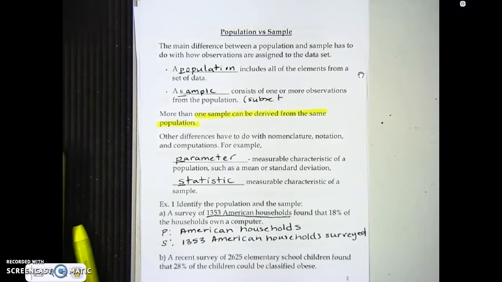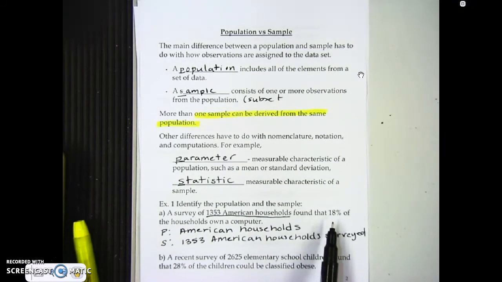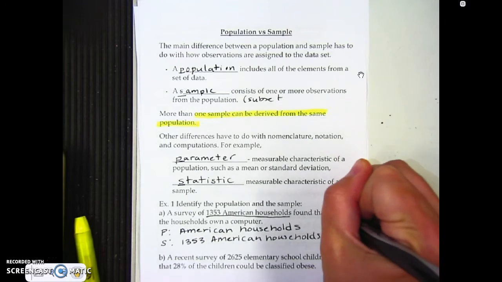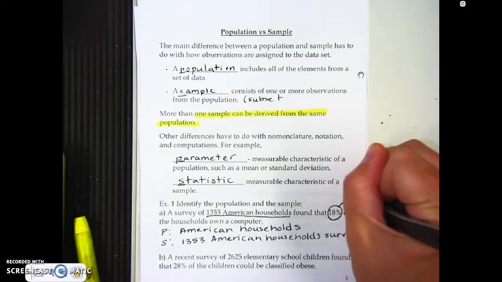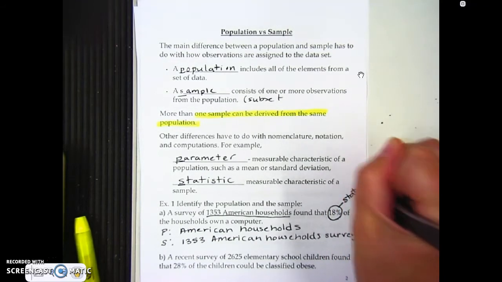Now, this question wasn't asked, but 18%: I have to ask myself, was that calculated from the population or from the sample? Since 18% was calculated from the sample, it is a statistic.